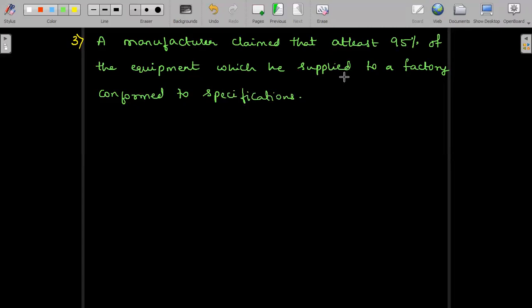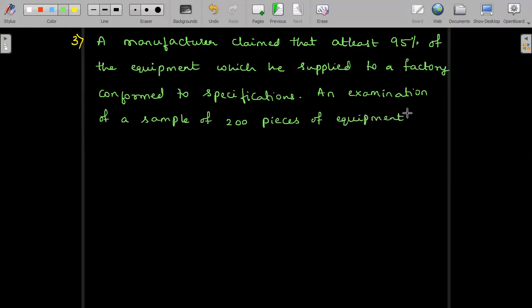An examination of a sample of 200 pieces of equipment revealed that 18 of them were faulty.